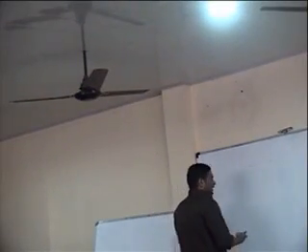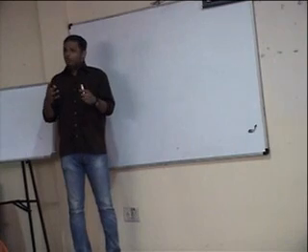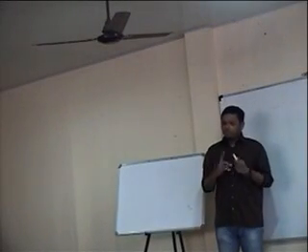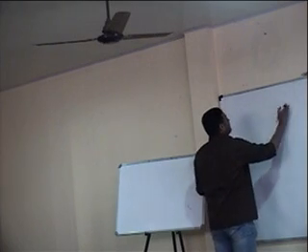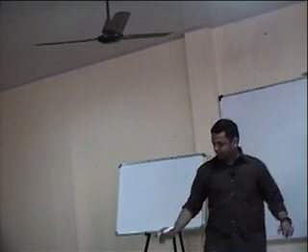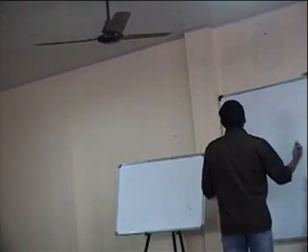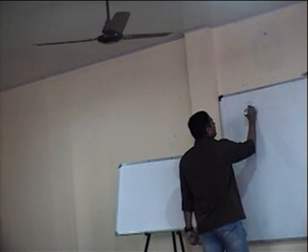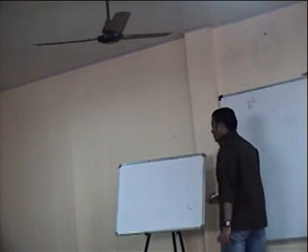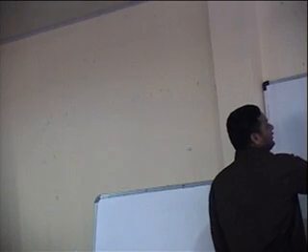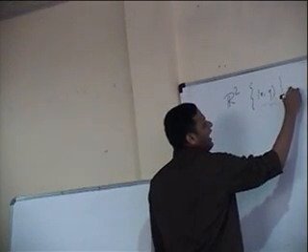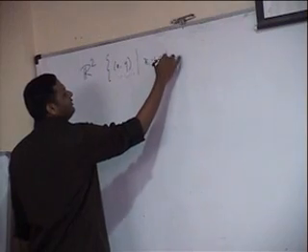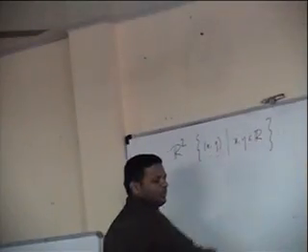Now let us try to delve more into this concept of a vector space. The most standard or simplest example of a vector space would be R2. What is R2? It is the set of all (x, y), where x and y belong to the set of real numbers.